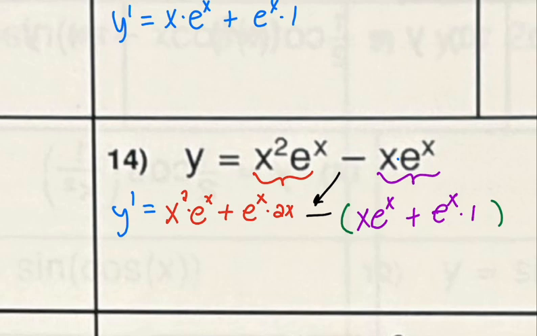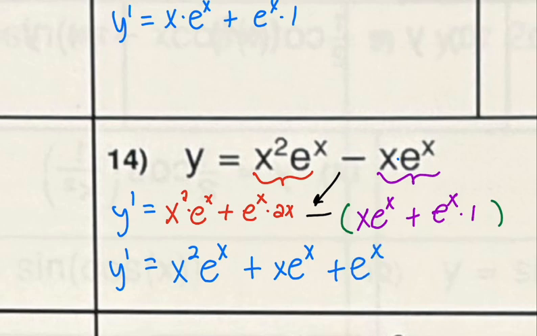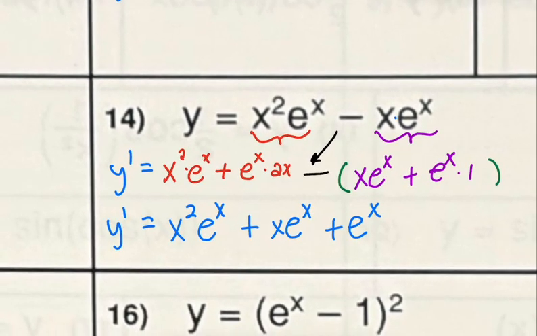All of those things are not like terms except for these two. This is 2x e to the x's minus 1x e to the x's will be 1x e to the x's. So our final answer would be x squared e to the x plus 1x e to the x plus e to the x. Lots of e to the x's there. Okay, so hopefully that will get you started.